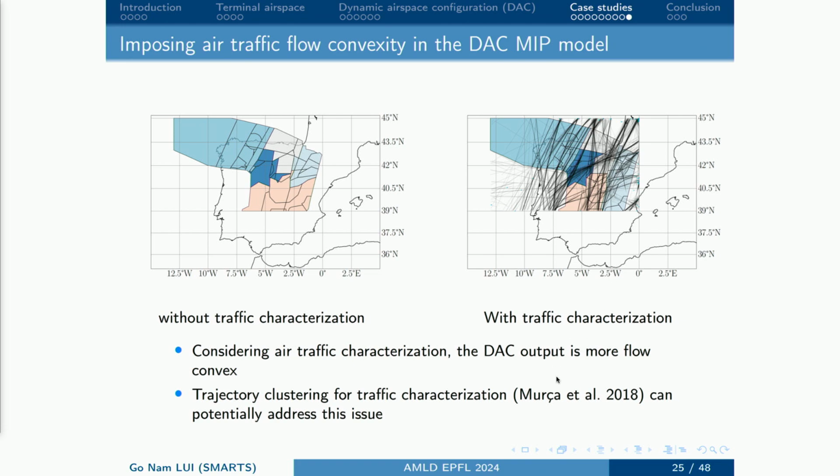For this criterion, one research direction, called traffic characterization using unsupervised learning, can help to enhance this performance if we include this kind of information in the constraints, not only in the objective function.